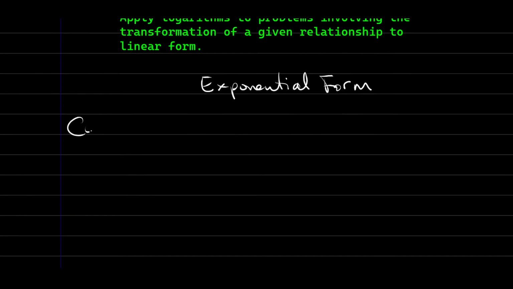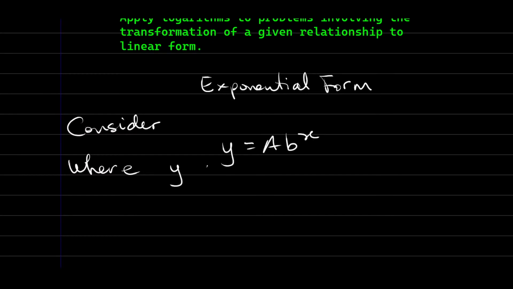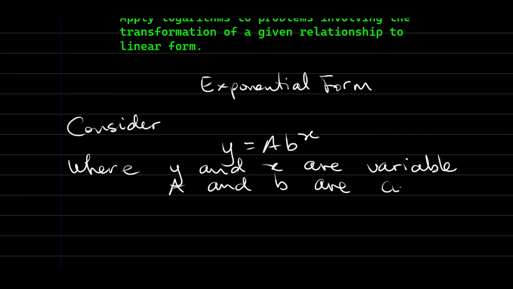So let's consider y equal to a b to the power of x, where y and x are variables. These are the 2 quantities that change with the relationship, so manipulated and responding variable, that kind of thing. Then we have your constants, a and b. A and b are constants.